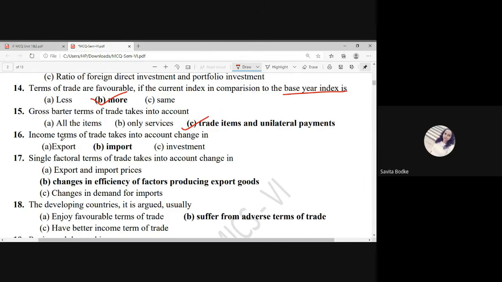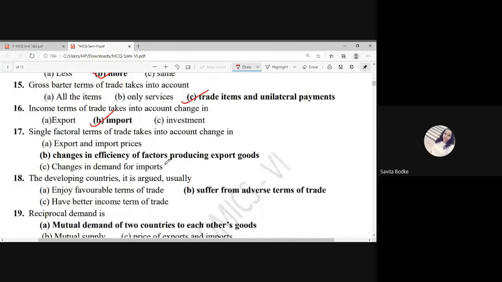Next one is, income terms of trade takes into account change in import. The single factoral terms of trade takes into account changes in efficiency of factors producing export goods.